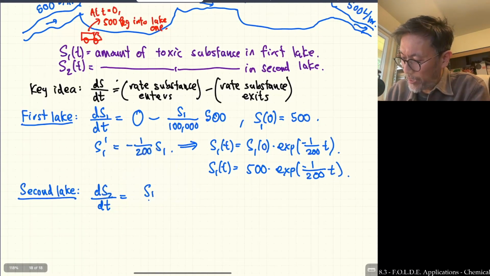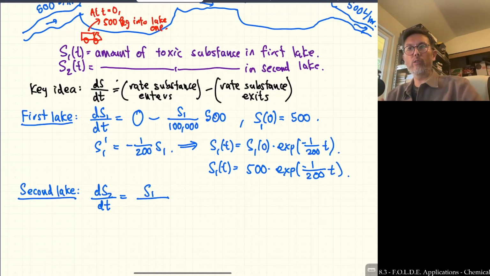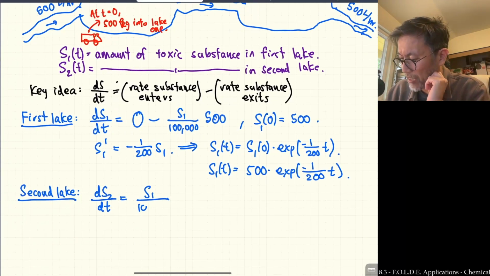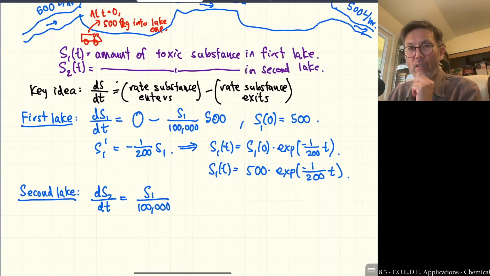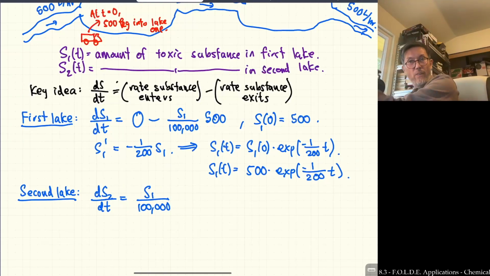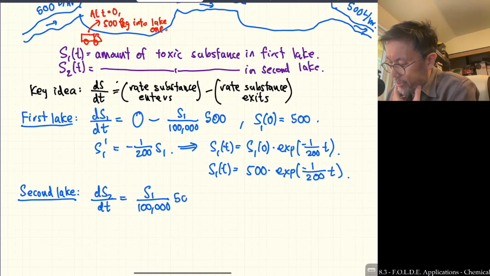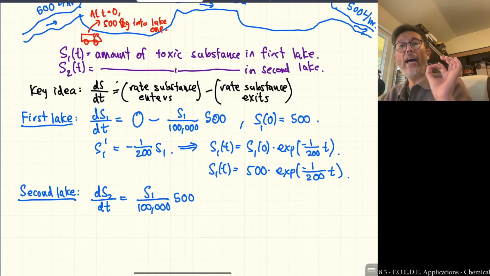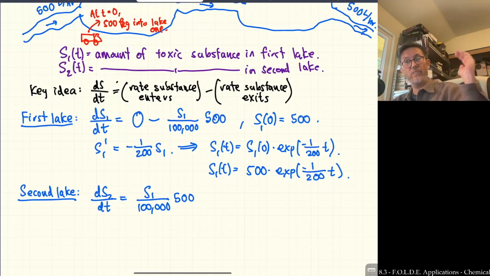This is S1 divided by the volume of fluid in that first lake. That's 100,000. And then we're going to multiply this by the amount of fluid from that first lake which is entering the second lake. That's 500. Okay, that's the amount of substance which enters the second lake.